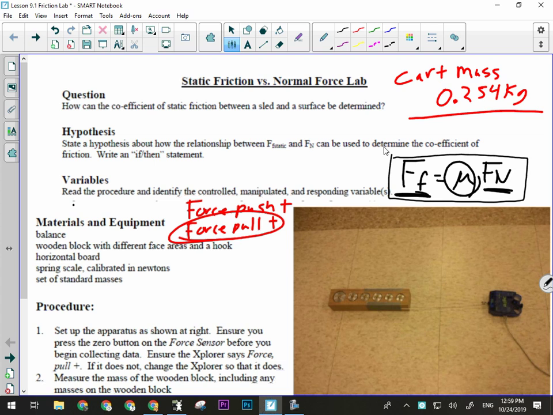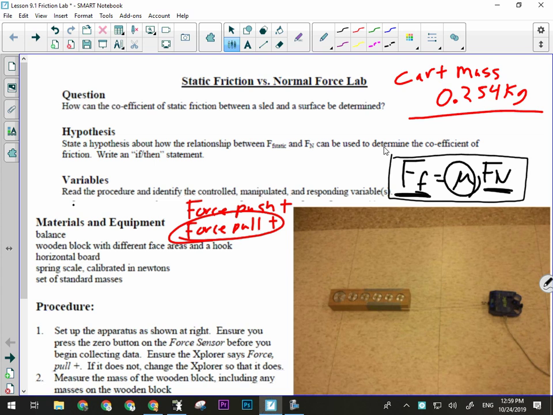Your first trial in this lab is just going to be the sled with nothing in it. Now the mass of these sleds, when they're empty, is 0.254 kilograms, each and every one of them.